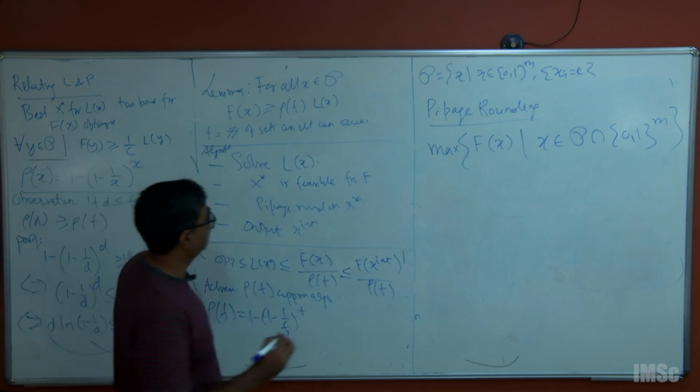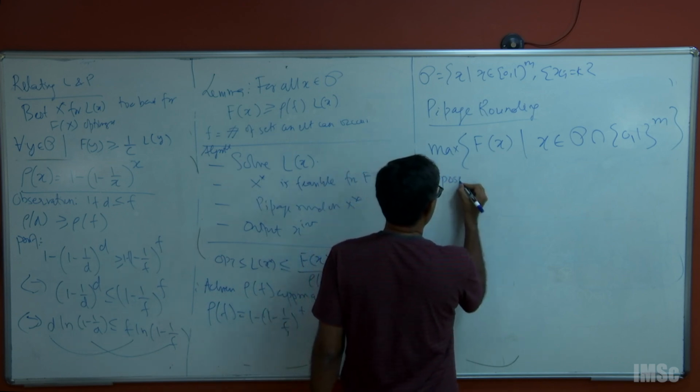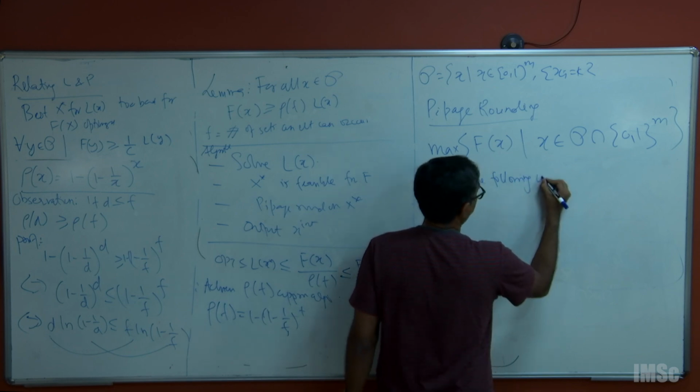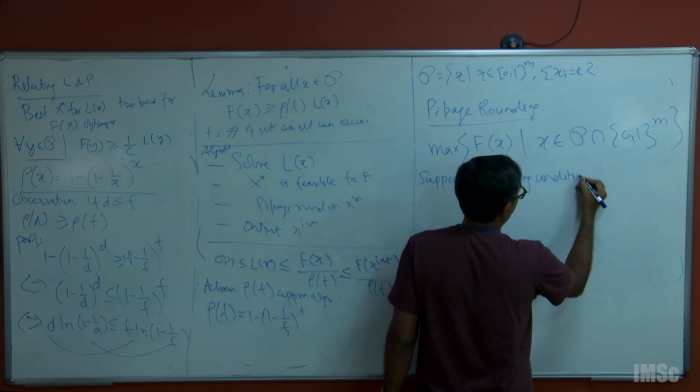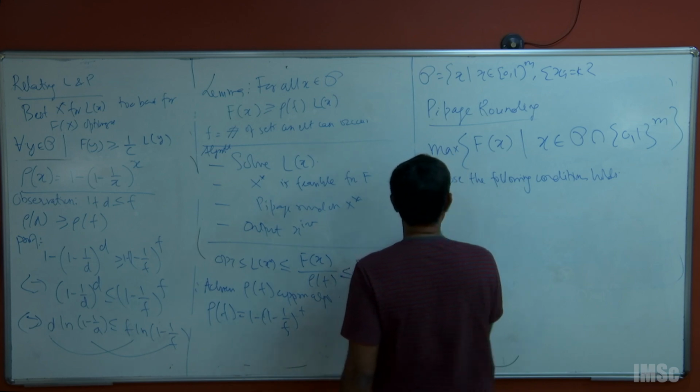Now suppose the following two conditions hold. This is called Pipage rounding property 1.